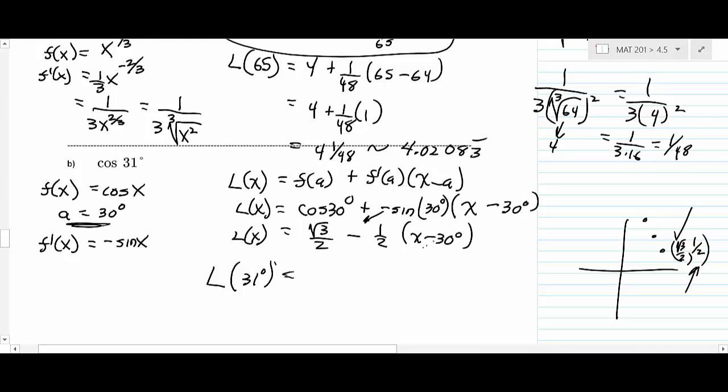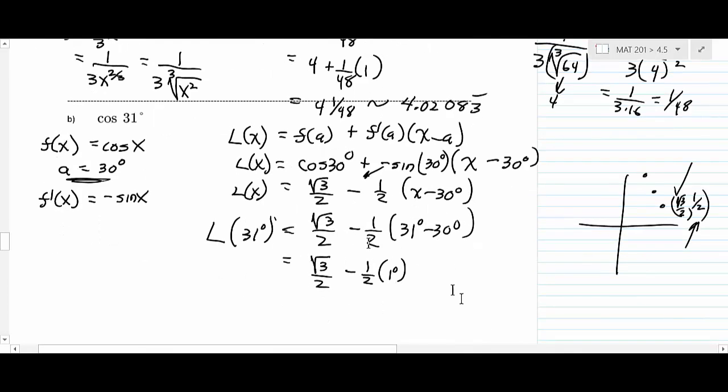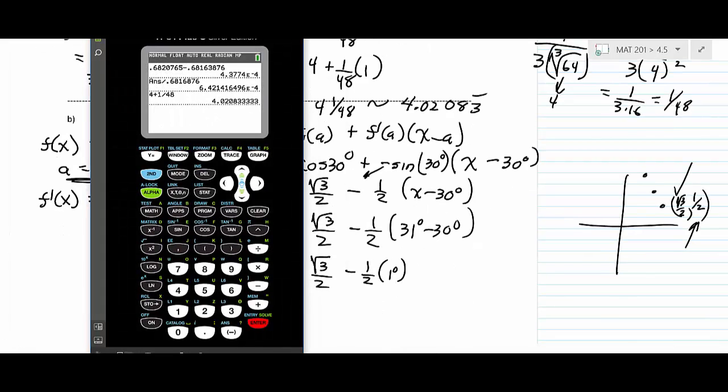Hey, just plug in 31 now, okay? So you're going to have root 3 over 2 minus 1/2, 31 degrees minus 30. So notice you're going to get square root of 3 over 2, then you're going to have minus 1/2 like that, okay? And then if you go through and do that, now let's use a calculator on this.